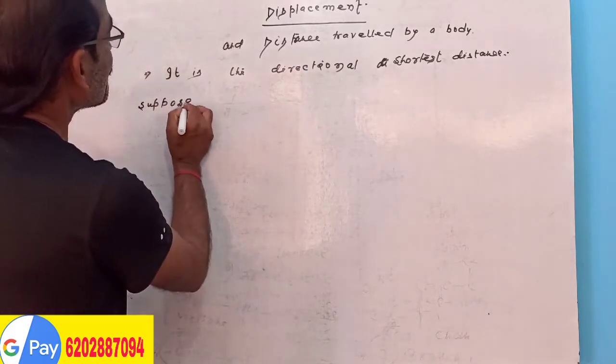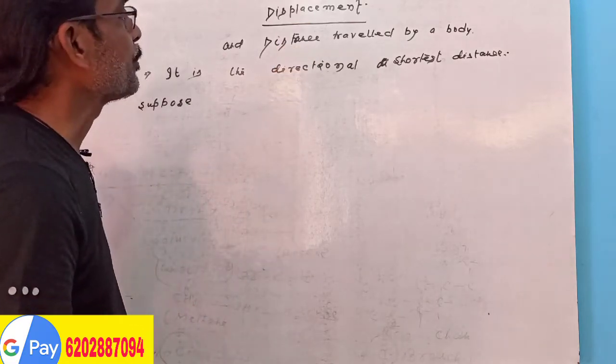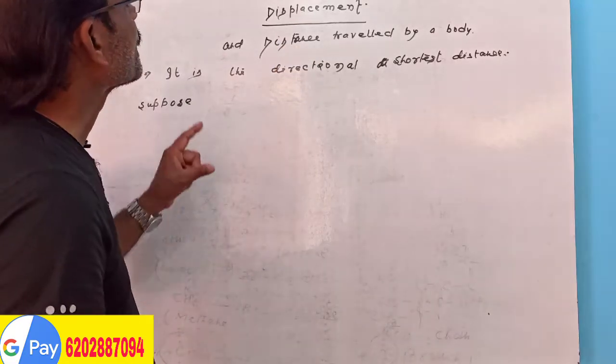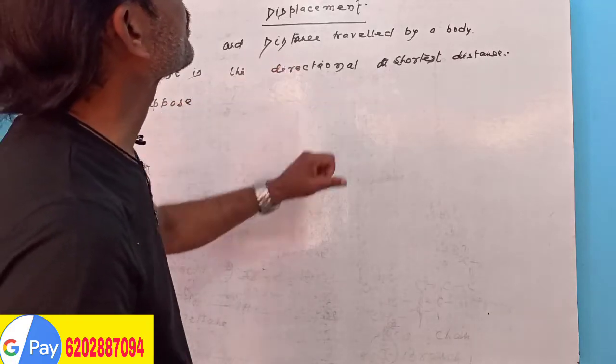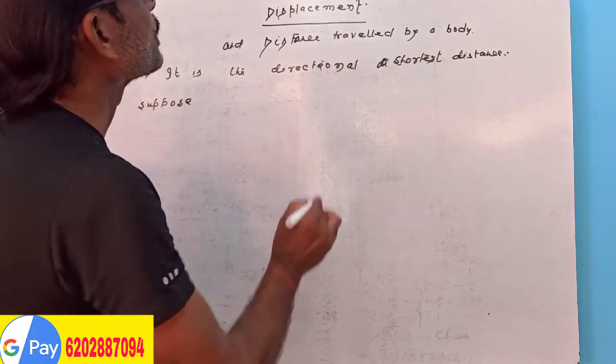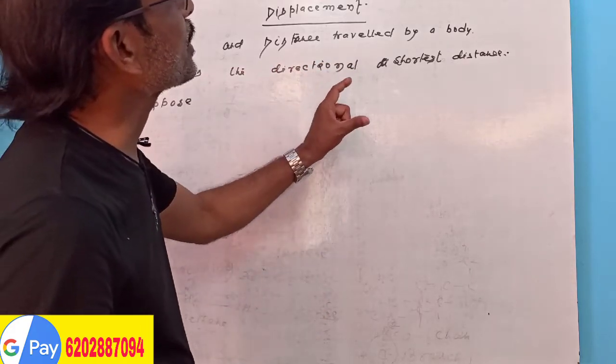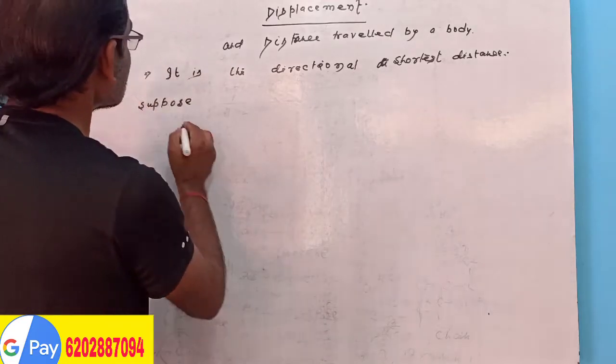So displacement always produces a straight line distance which is from one direction to another direction.